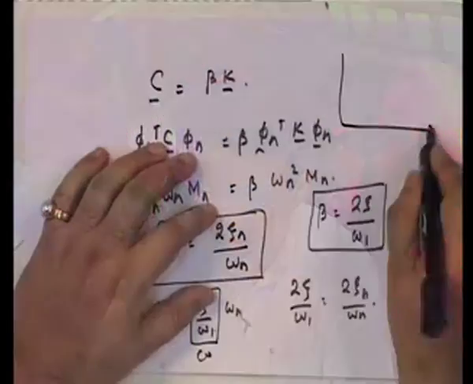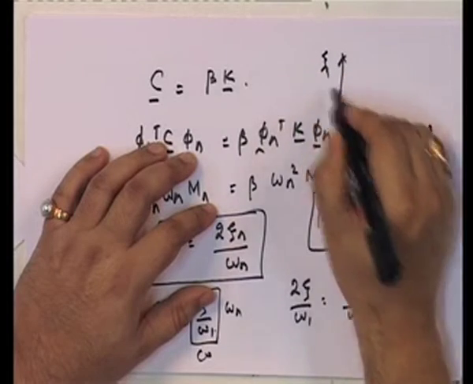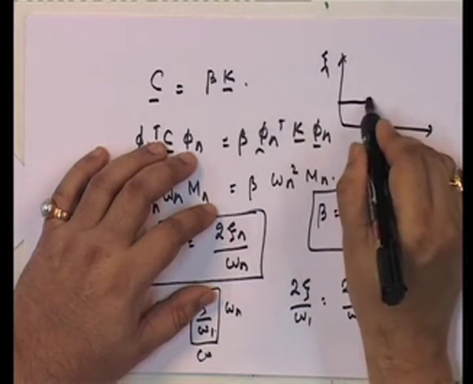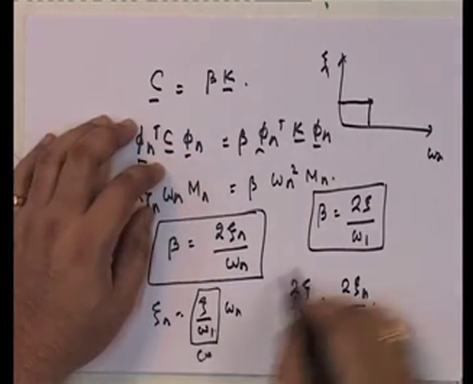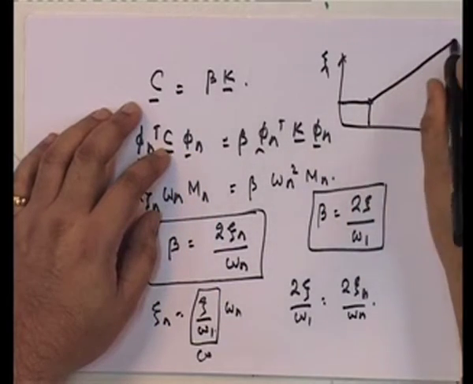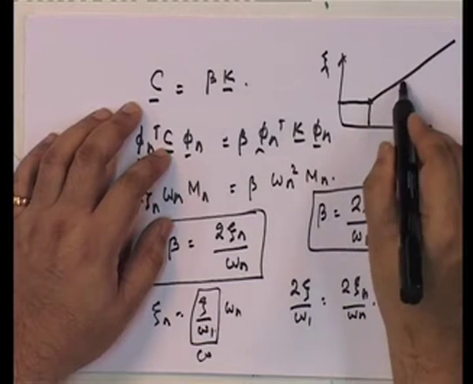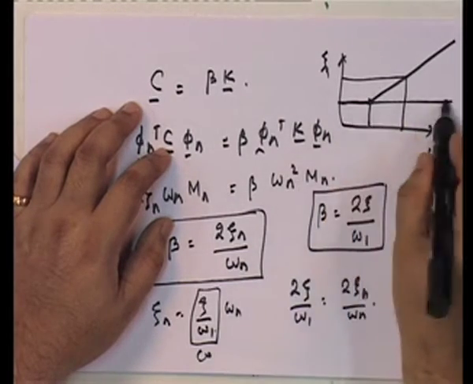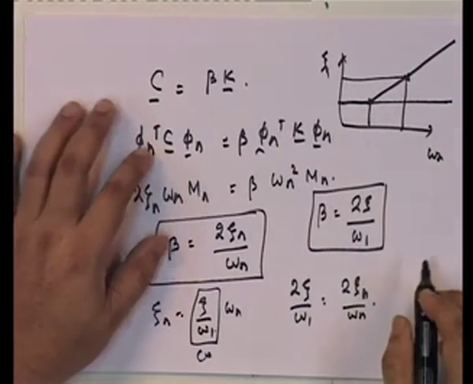So, if I were to plot xi n with omega n and I fix it to this, what happens? It goes up in a linear fashion. So, that means the second mode, if this is what is supposed to be, it is actually this.